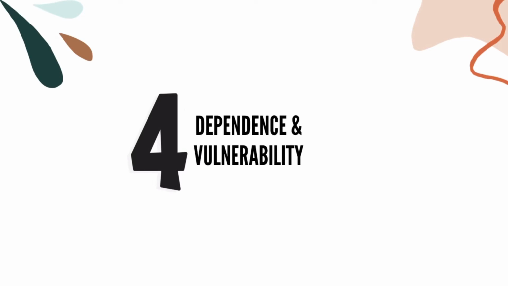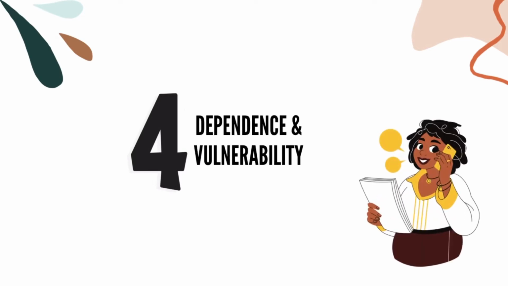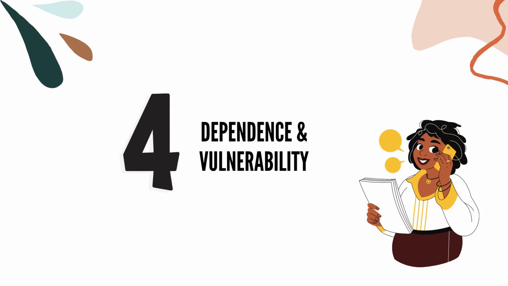Let's move on to number four. Dependence and vulnerability. Today, our businesses, governments, schools, and also private associations such as churches are incredibly dependent on information systems, but they are highly vulnerable if these systems fail. For example, schools are increasingly using and relying on educational software.